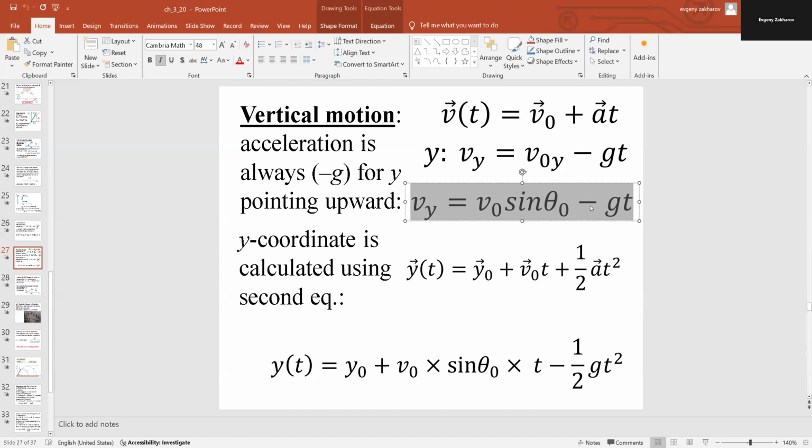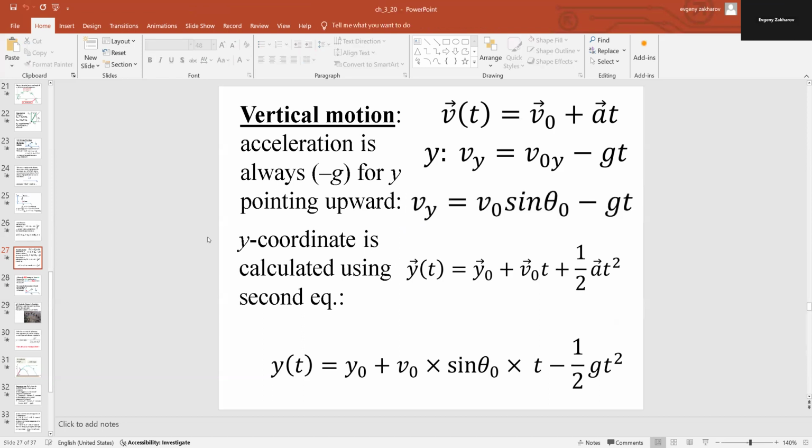We have negative g as the value. So what do we see? The more the time passes by, the more value you're going to subtract from your initial value. So it was a certain value as the initial one, and then as time goes by, you subtract more and more and more, so you will end up with less and less and less of a value.